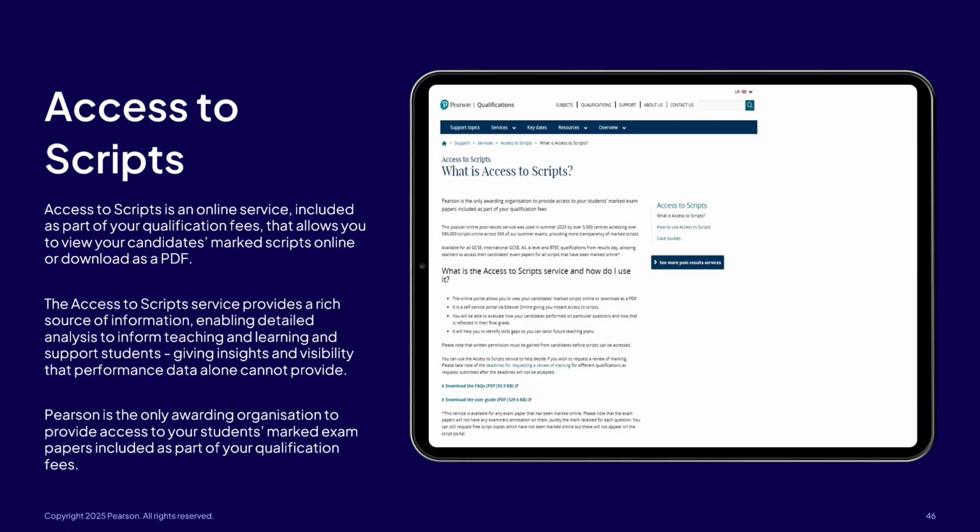It's interesting for us as teachers, because you give all this advice to students about how they should be doing the plan for their essay and all of that sort of thing. But you never actually know from the actual exam whether they actually do it. So do keep in mind that access to scripts.